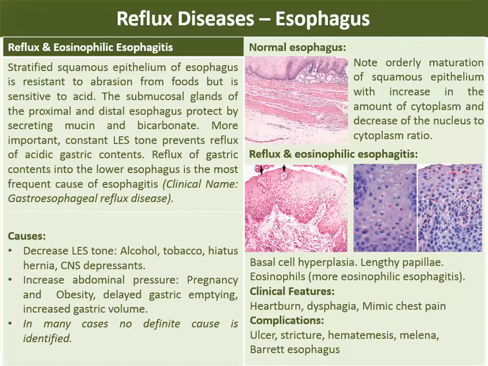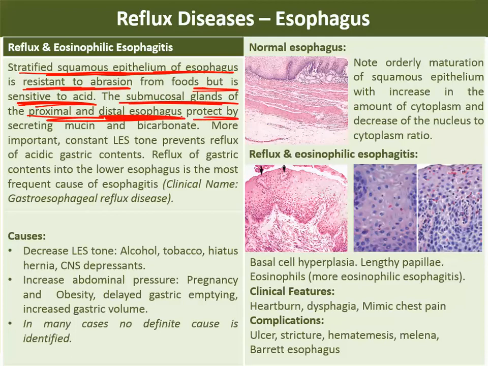Now coming to the reflux diseases of the esophagus. You all know this disease, we discussed somewhat in the POD: gastroesophageal reflux disease. The stratified squamous epithelium of the esophagus is resistant to abrasion. Any food particle comes, it cannot damage, but it is sensitive to acid. The submucosal glands of the proximal and distal esophagus protect by secreting mucin and bicarbonate.